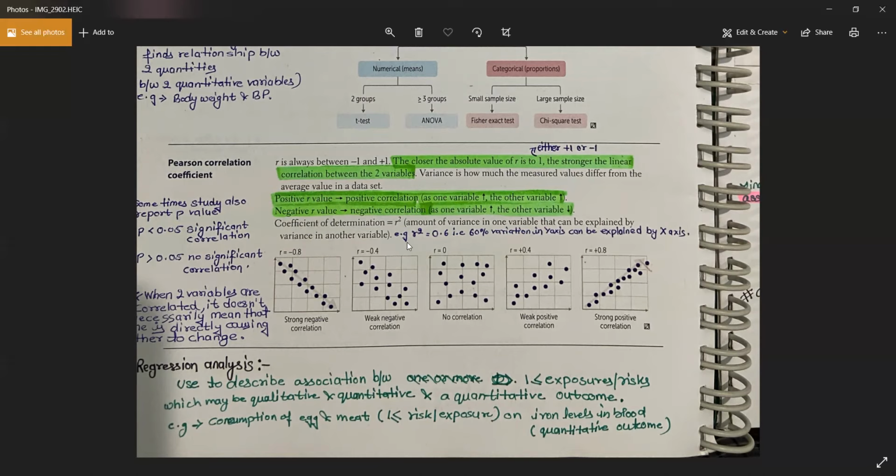For example, if the R value is 0.6, that means 60% of the variation in the y-axis can be explained by the x-axis. That is, 60% of the rise of troponin I can explain on the basis of CKMB levels.